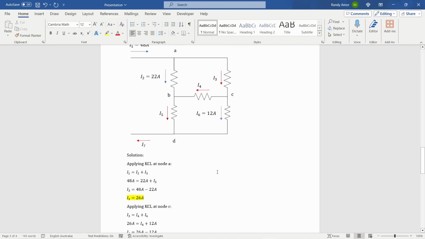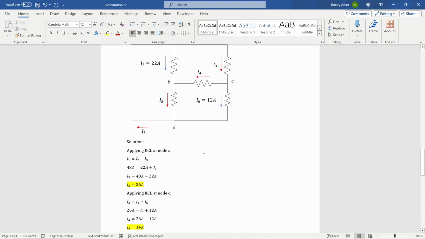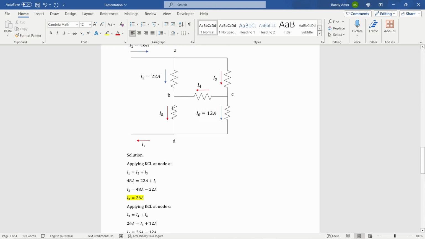Then, applying KCL again at node B, we can see that the currents entering node B are I2, which is 22 amperes, and I4, which is 14 amperes, and that will be equal to the current leaving, which is I5.